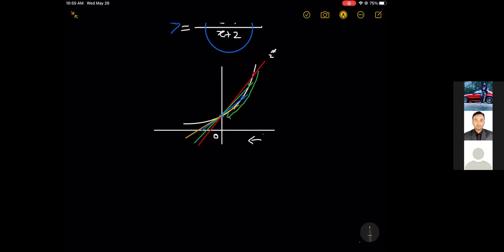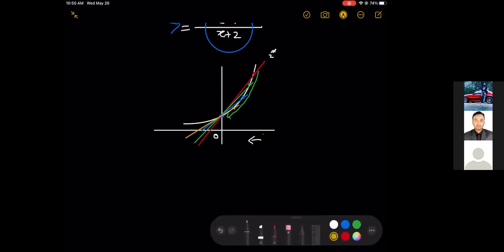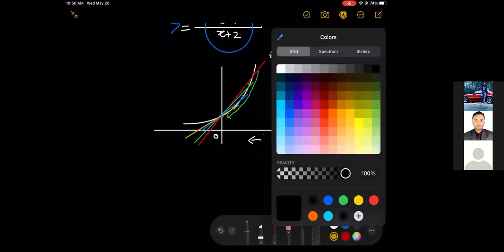And what it means is that eventually, when these 2 points get really, really close, you will see, let me use another color, this one.